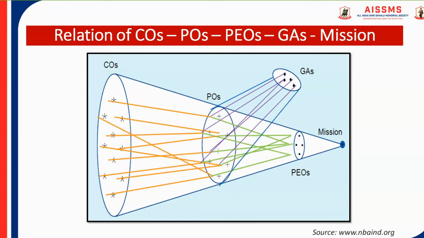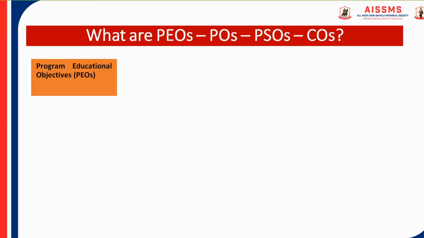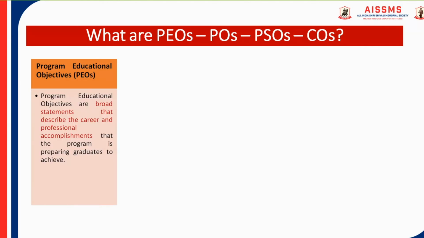Then, moving on to the next slide, I'll go one by one. Let us first see what the program educational objectives are. I've briefly described things here so you get an overview again, because I know this might have been covered in previous sessions, but it is important because you have to relate all these things when you design the course curriculum.